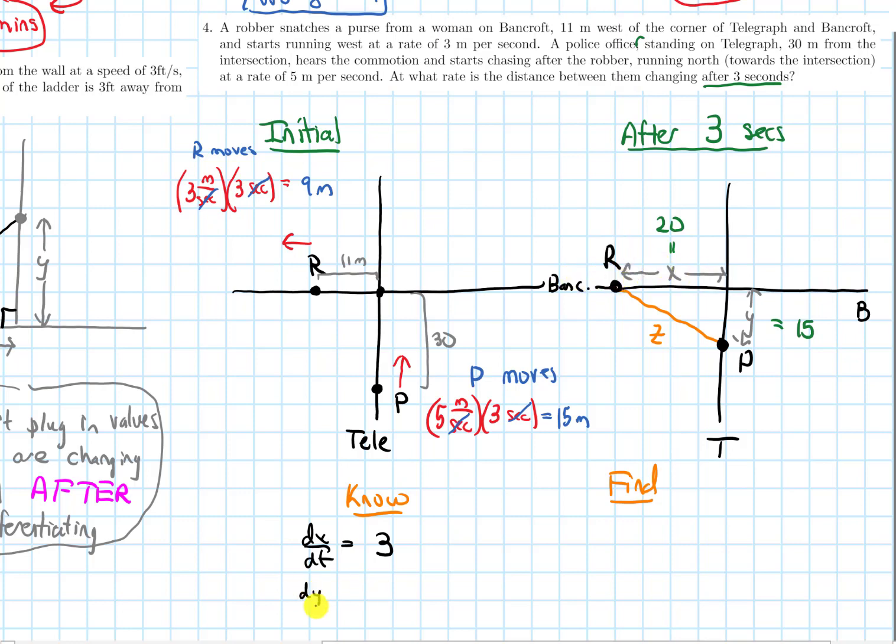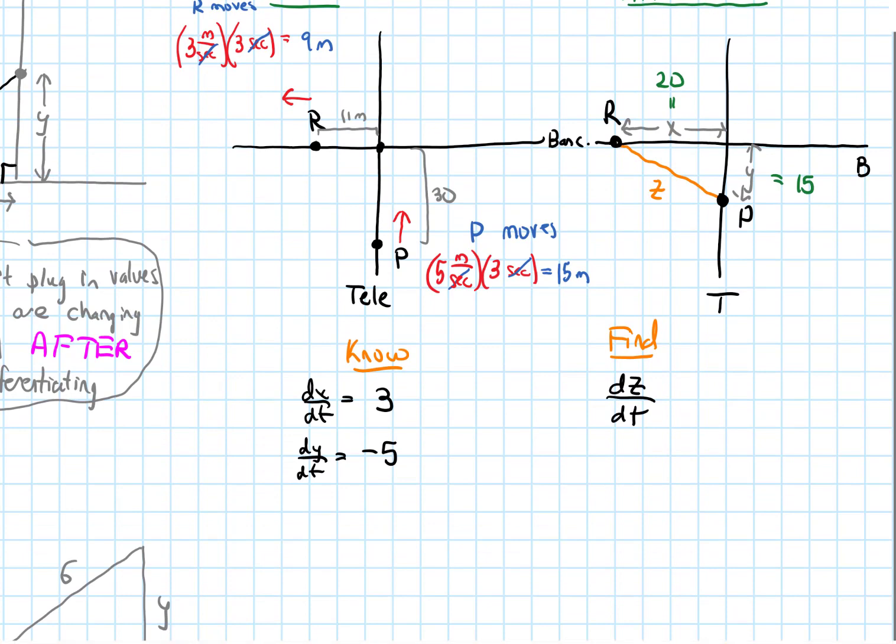We also know dy dt. That's going to be negative 5, because the police officer is running at 5 meters per second, but that's shrinking y. It's making y get smaller. That's why this is negative. And then I want to find dz dt, the rate at which the distance between them, this straight line distance, is changing.